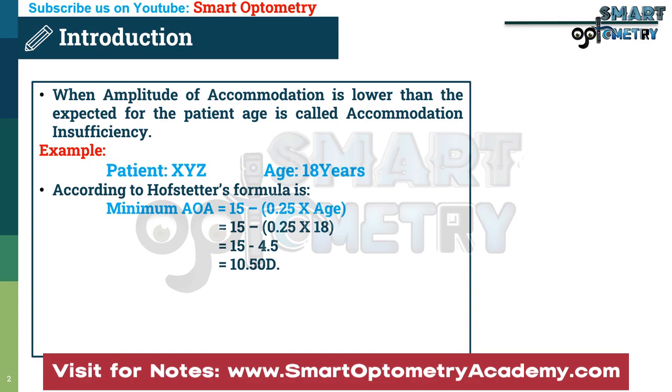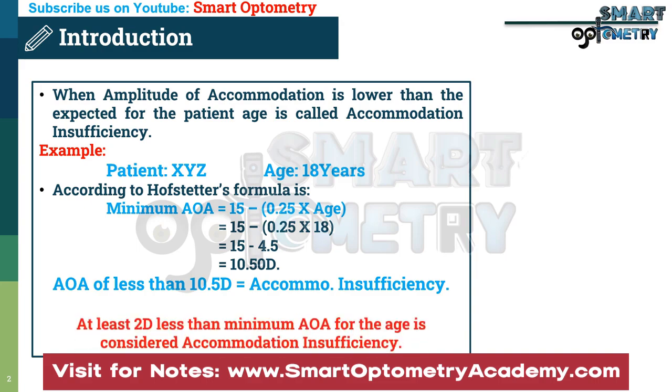If an 18 year old patient has amplitude of accommodation of less than 10.5 diopter, then it may be a case of accommodation insufficiency. Generally, at least 2 diopter less than the minimum amplitude of accommodation for the age is considered accommodation insufficiency.